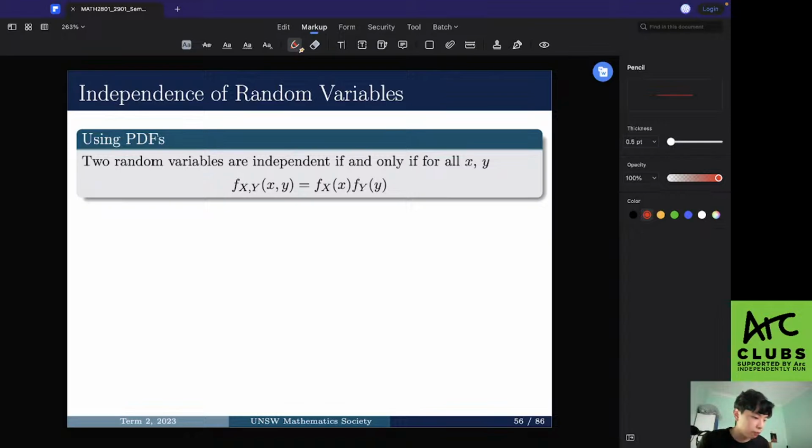The first way is if we show that the joint density function is actually just f of x times f of y.